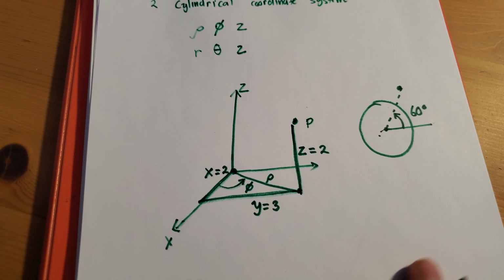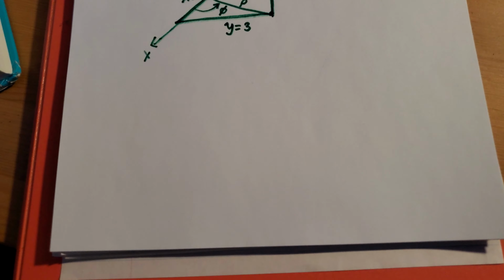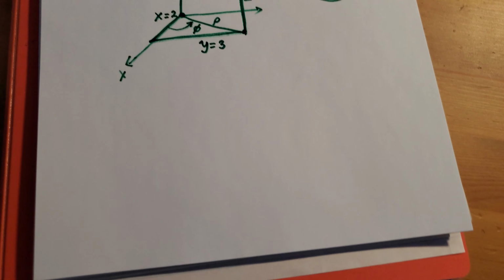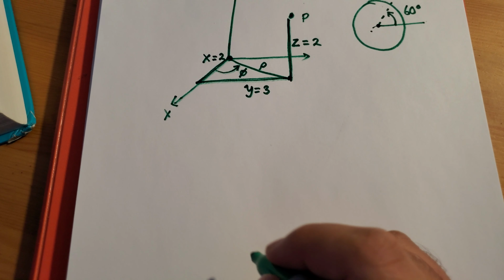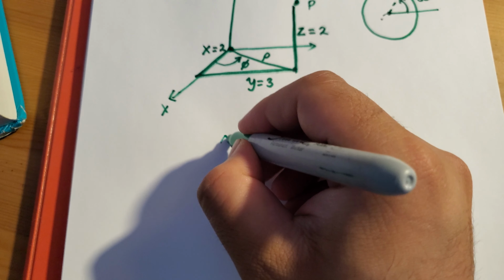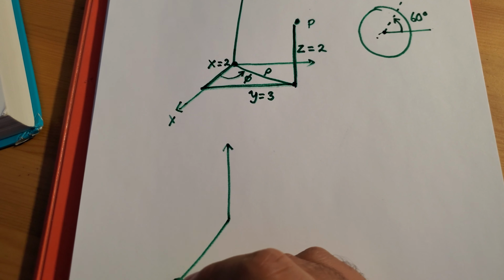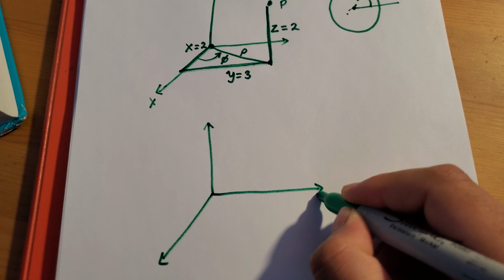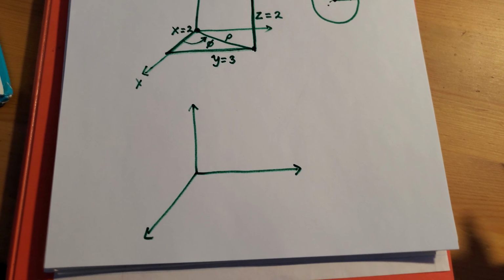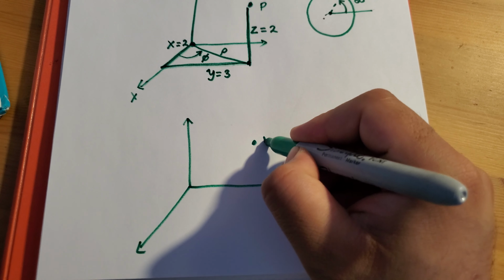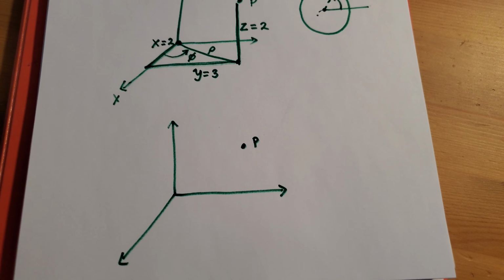Now this looks a little bit clunky, so what I'll do is draw this without the x, y, z, and instead just draw this with the rho, phi, and z. So again, we have our x, y, z, but I'm not going to label them. And let's say our point up here is P, which is the one we're trying to identify.